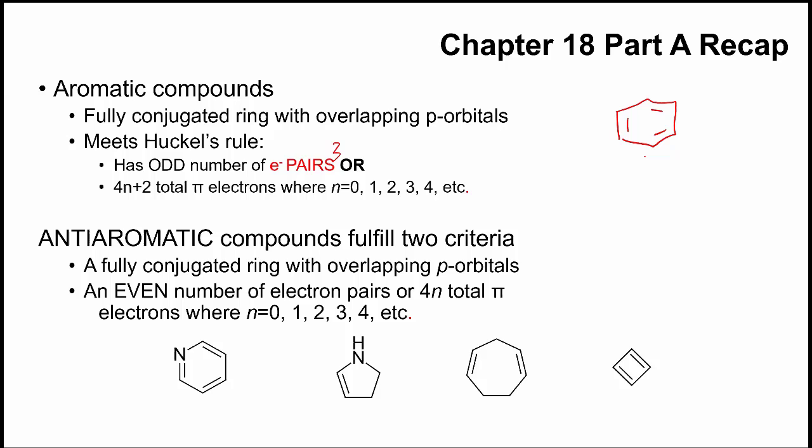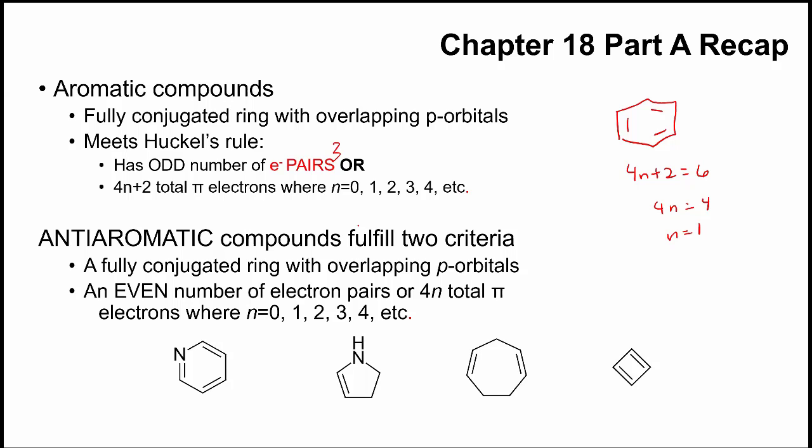Or the total number of electrons is 4n plus 2, which is 6 here, and n equals 1. If it doesn't fit that, where it's cyclic, fully conjugated, and n equals a whole number, then it's not going to be aromatic.